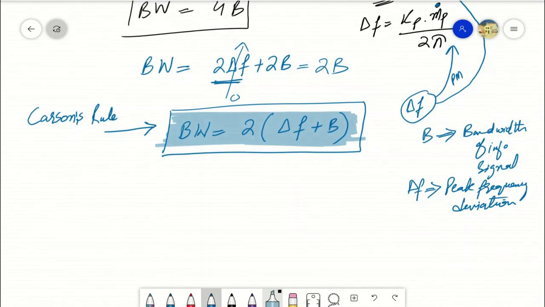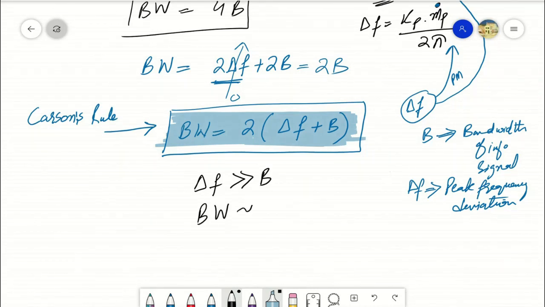By further analyzing this formula, for example, for true wideband frequency and phase modulated signals, where peak frequency deviation is much larger than the bandwidth of information signal, this can be approximately expressed as 2 times delta f, while compared to delta f, b being a small number can be ignored.